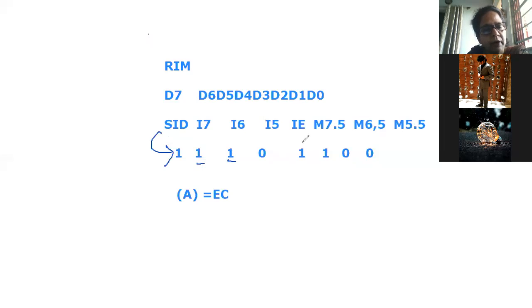Interrupt is enabled and 7.5 is masked. 6.5 and 5.5 are not masked. So there are two interrupts appearing, 7.5 and 6.5. Out of that, 7.5 is masked. So the 8085 will execute the interrupt service routine of RST 6.5, because it is not masked and it is pending.